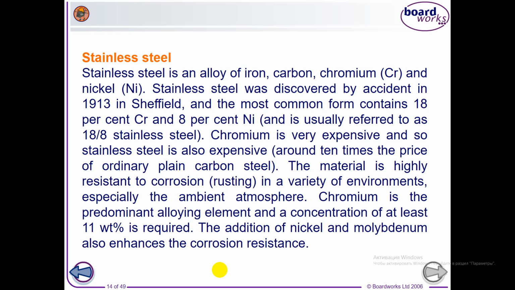Chromium is the predominant alloying element, and a concentration of at least 11% is required. In addition, nickel and molybdenum also enhance the corrosion resistance.